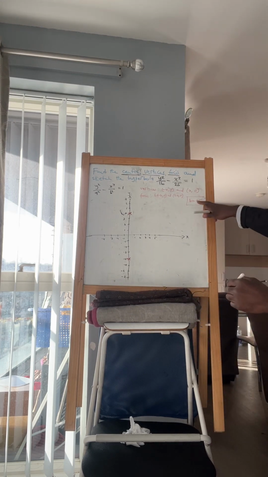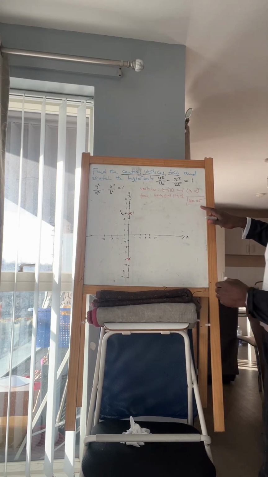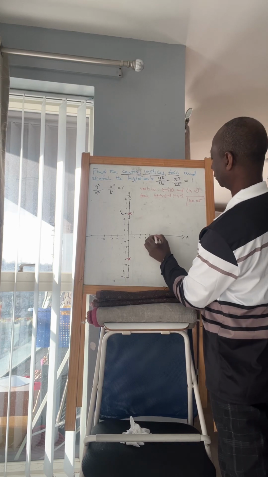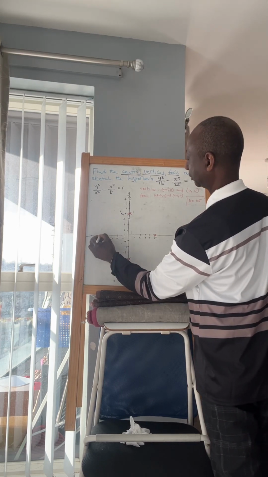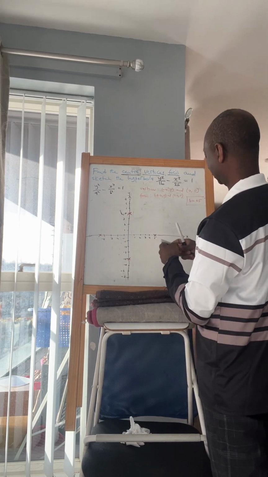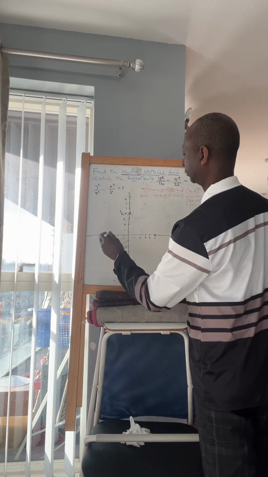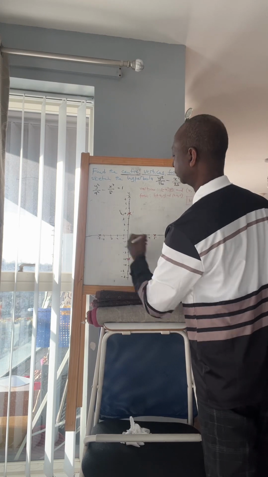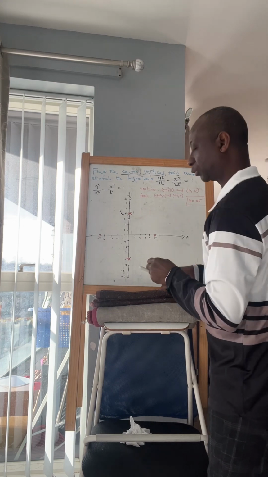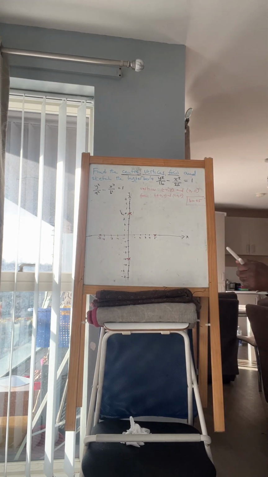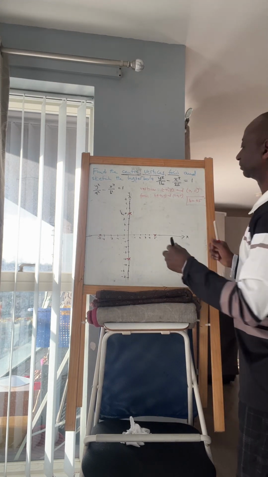And we have our b, plus or minus 5, here and minus 5 here. So these four points we have, let's join them together and form a rectangle. That will help us to sketch our hyperbola.